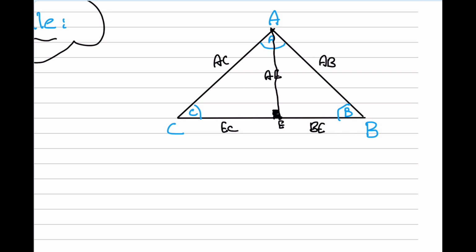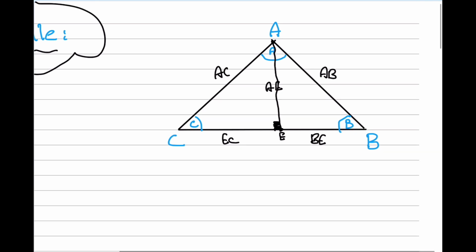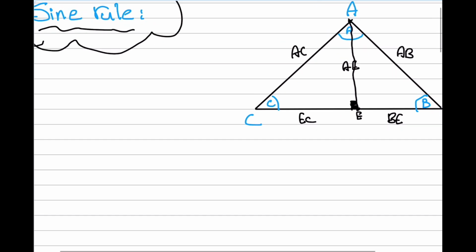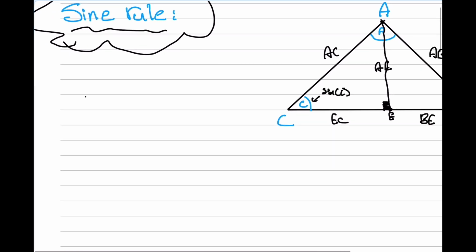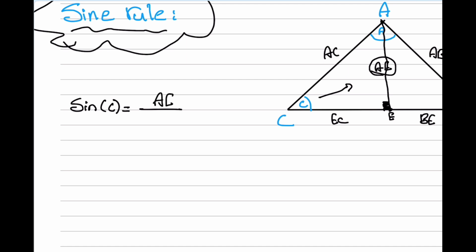So if we take the sine of angle C, sine of C is equal to the opposite side divided by the hypotenuse. The opposite side is the side AE, so it is equal to AE divided by the hypotenuse, which is the side opposite to the 90-degree angle, which is AC.